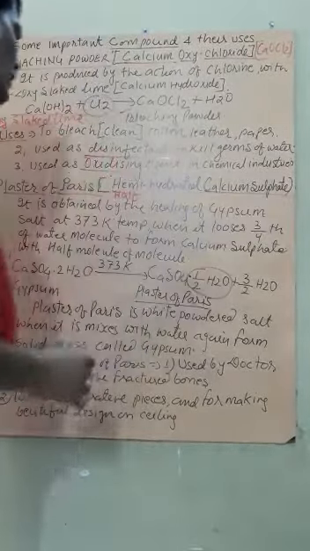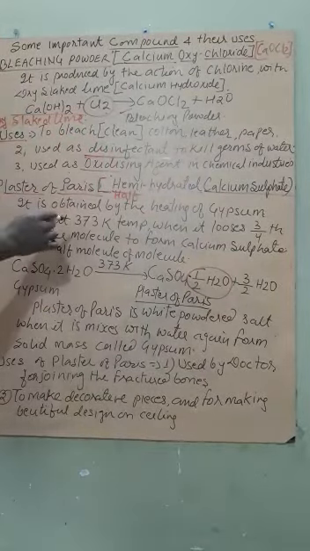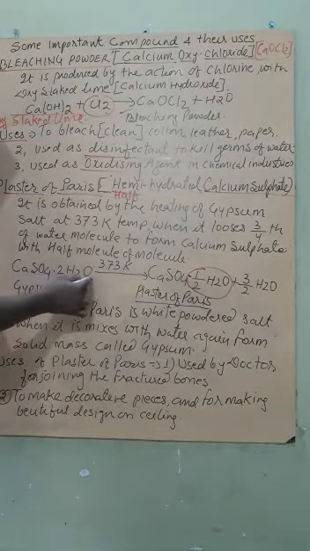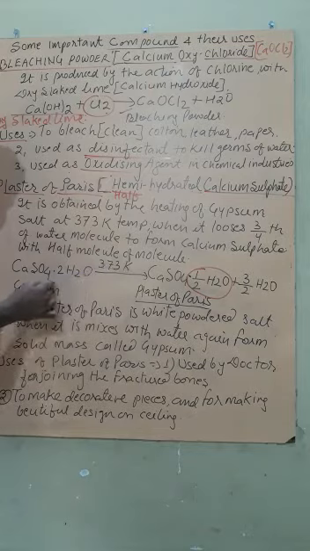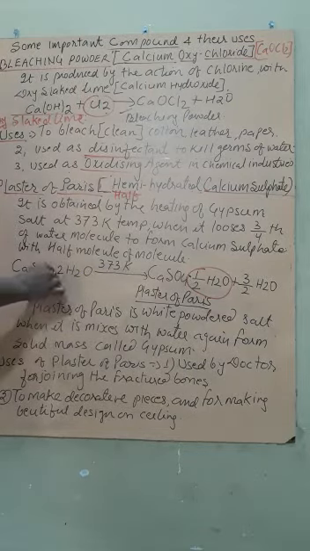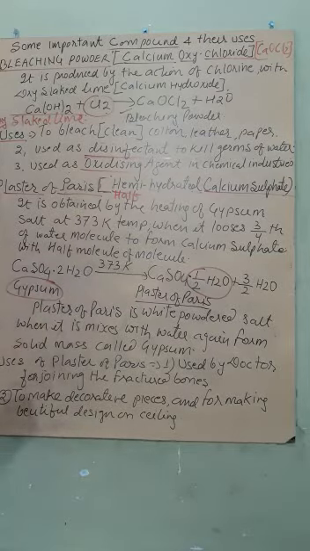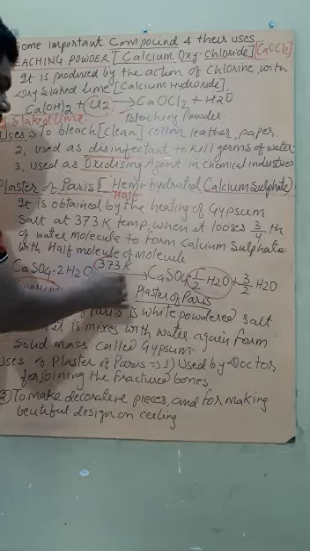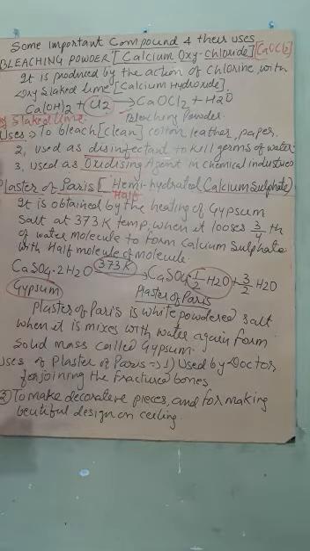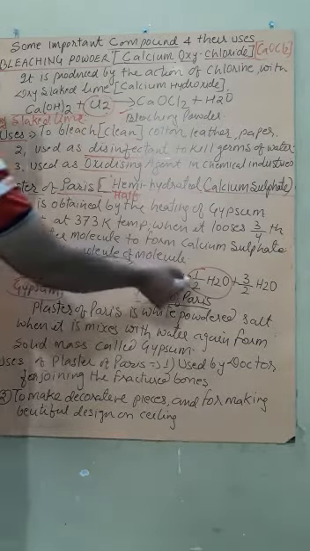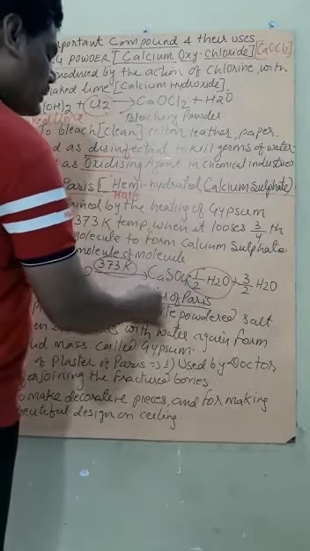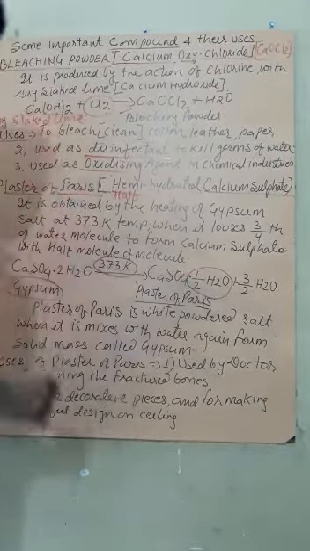Now, it is obtained by heating gypsum. Gypsum is calcium sulfate with 2 molecules of water of crystallization, and at approximately 373 Kelvin it forms hemihydrated calcium sulfate, which is known as plaster of Paris.